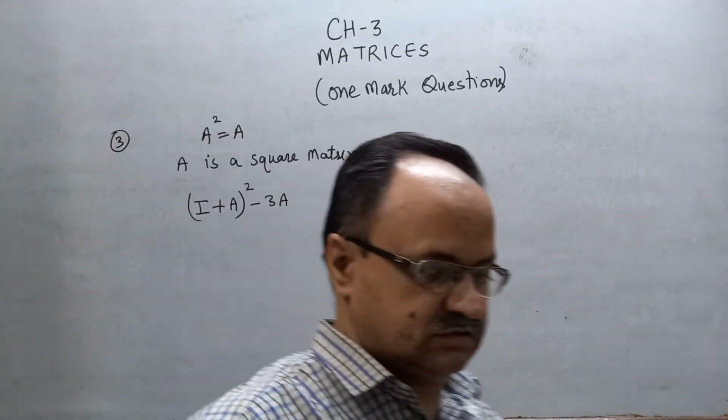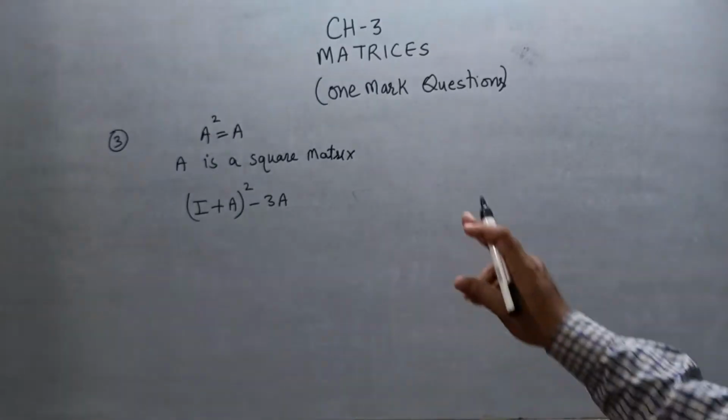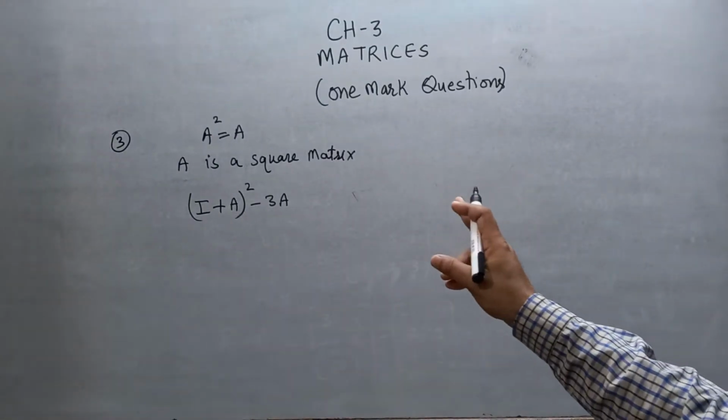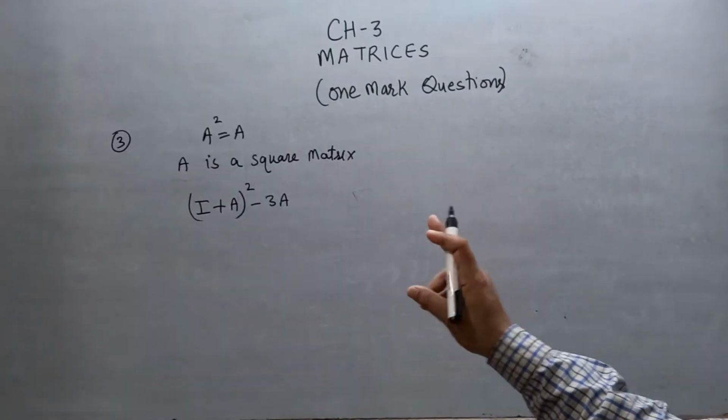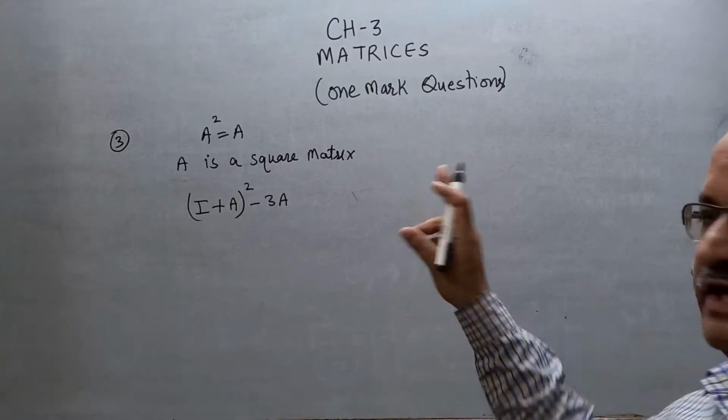A is a square matrix, A square is equal to A. Then what is the value of (I plus A) whole square minus 3A?